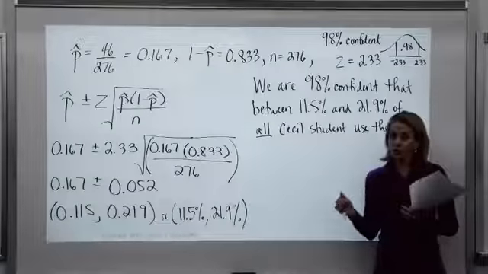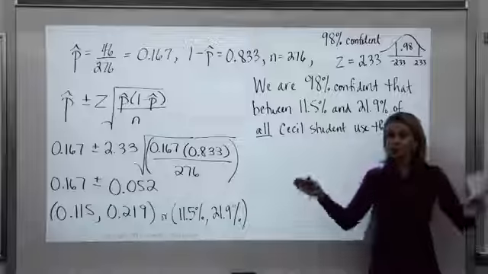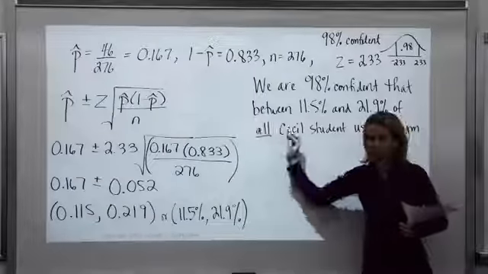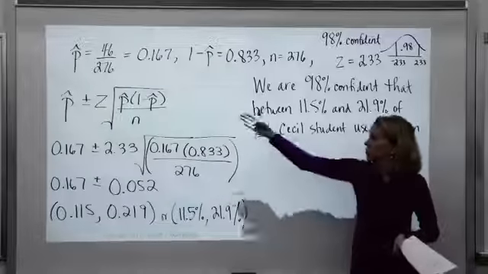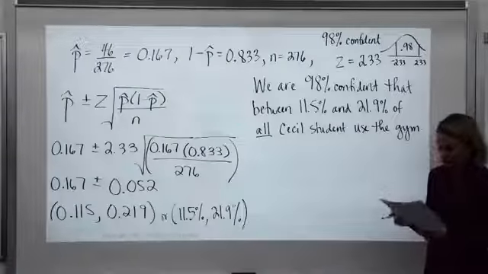Remember, your confidence interval is based on a sample, but we're making an inference about what's true about the whole population. So now we're making a conclusion about all Cecil students, not just the 276 that we sampled.